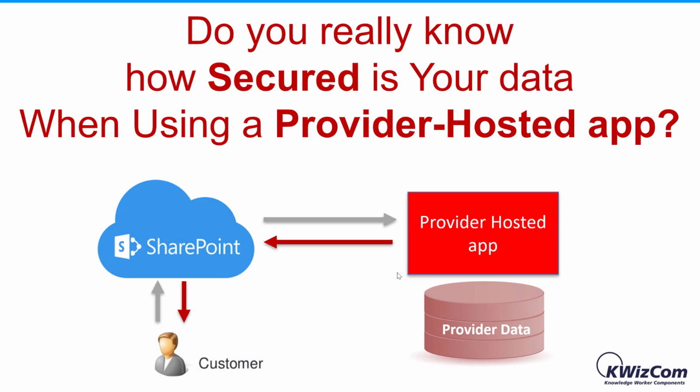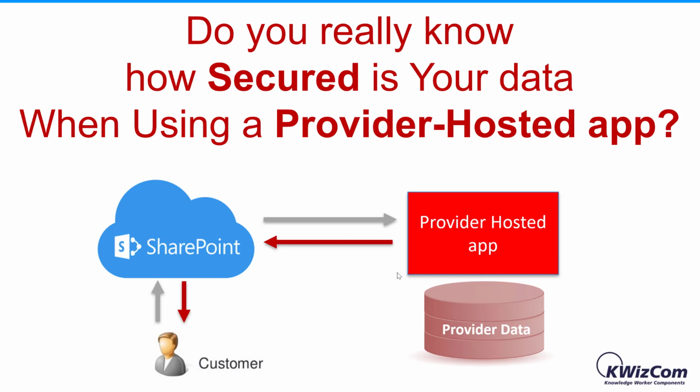The first one, which I know is super important for customers, is around security and privacy. Now, as you might know, there are two kinds of apps for SharePoint Online. The first one, which is very common, is a provider-hosted app. These apps are actually server-side components, which are hosted and executed on the vendor's cloud servers.